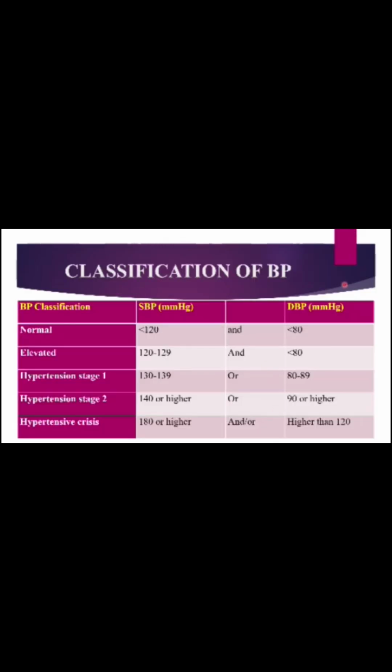So here is the classification of blood pressure. There are 5 types: normal, elevated, hypertension stage 1, hypertension stage 2, and hypertensive crisis. For normal, we all know it is 120 by 80 mm of Hg. Then elevated: systolic 120 to 129 mm of Hg and diastolic less than 80 mm of Hg.